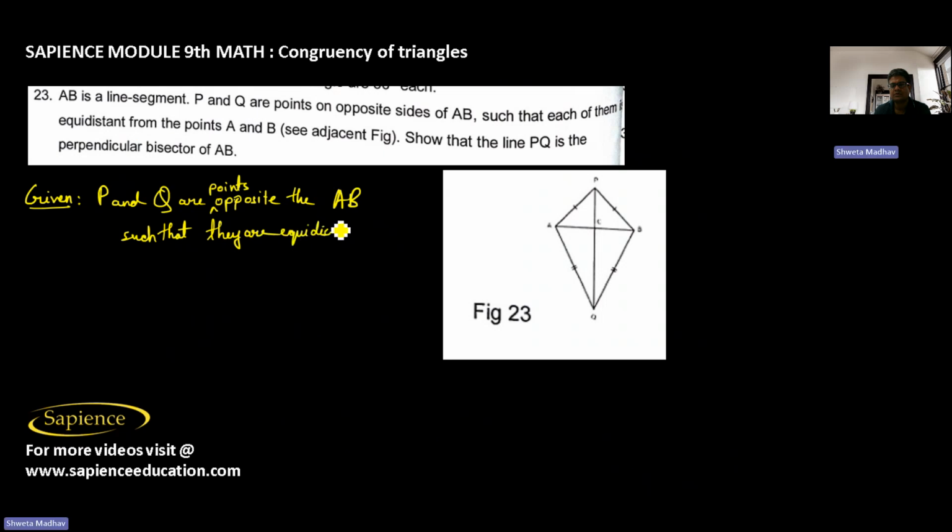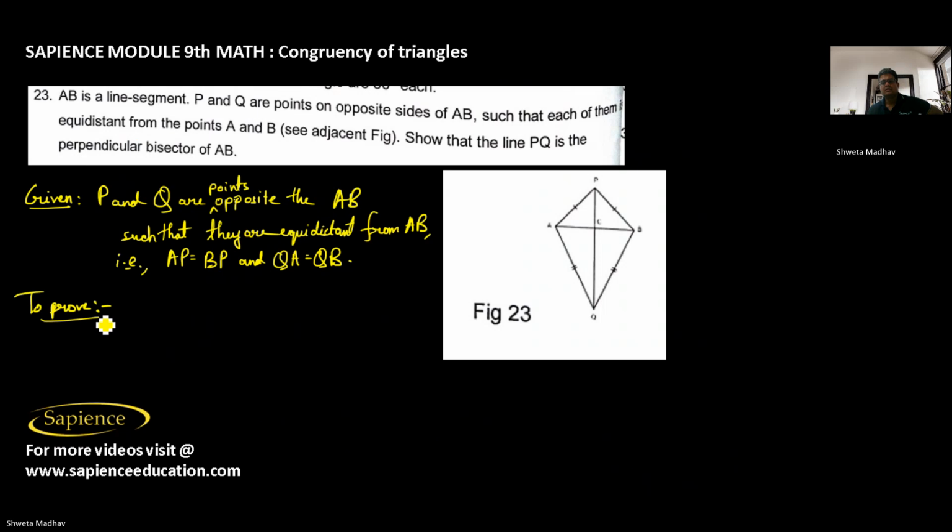They are equidistant from A and B, which means AP equal to BP and QA equal to QB. We have to prove that PQ is the perpendicular bisector of the line segment AB.